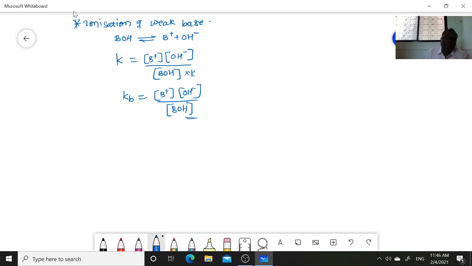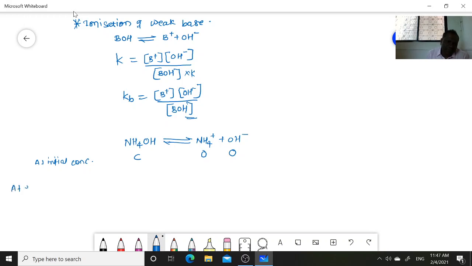Now, let's consider the example of NH4OH, ammonium hydroxide, a weak base in the aqueous medium, that will dissociate as NH4 plus and OH minus. At initial concentration, the NH4OH concentration is C, and before dissociation the NH4 plus concentration is 0 and the OH minus concentration is 0.